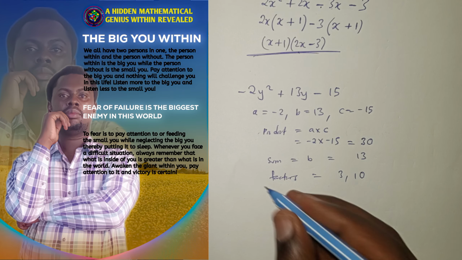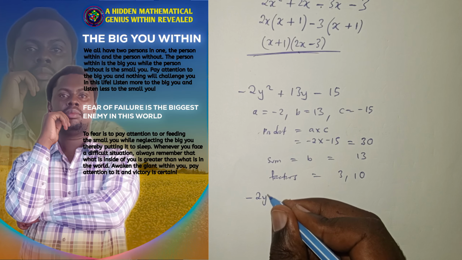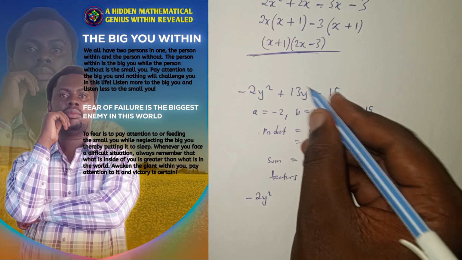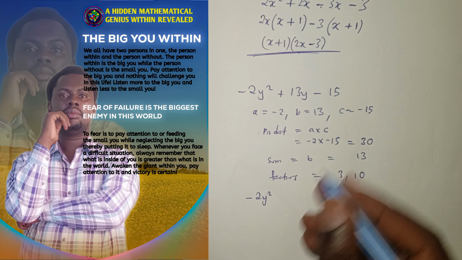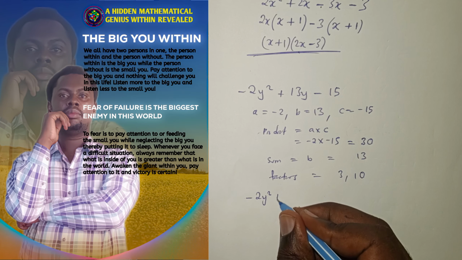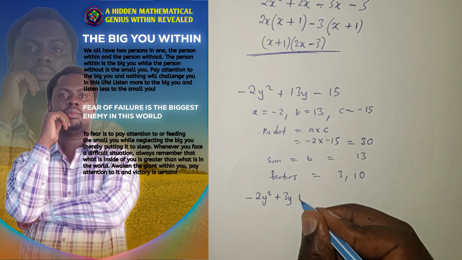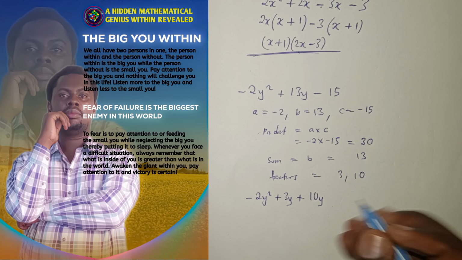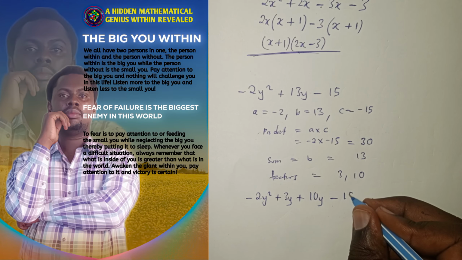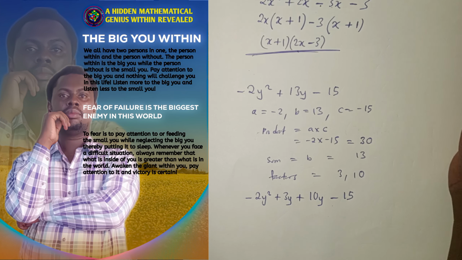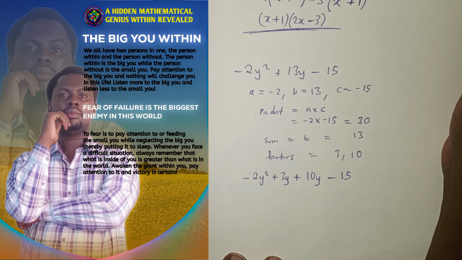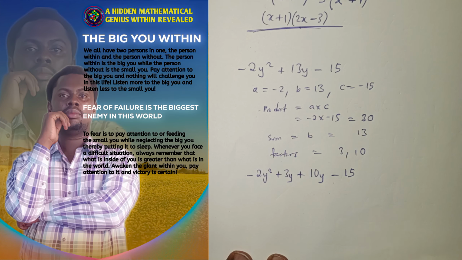Okay, so we have minus 2y squared. Where there is plus 13y, we are going to have plus 3y plus 10y, then minus 15. Okay, now since we have 4 terms, we can now factorize by grouping terms.